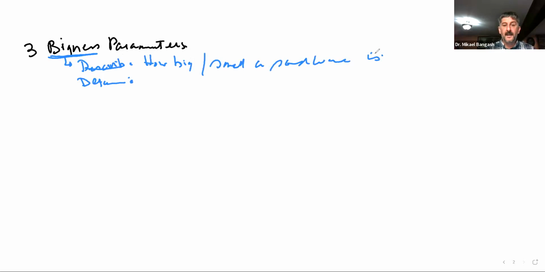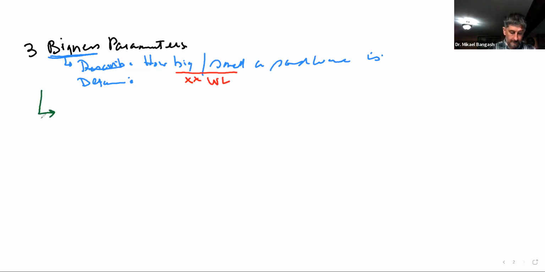Now, please, when I say big or small, this big and small here is not related to wavelength. Not that bigness or smallness. Clear?